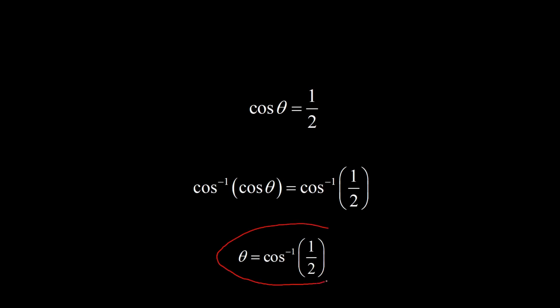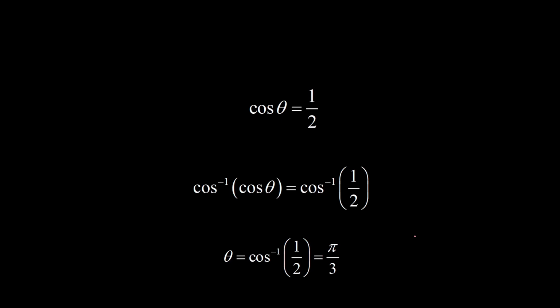And that's how we get our solution for theta. Theta is the inverse cosine of a half. Now, you could type this into your calculator. However, these are part of the table of values you should be remembering. What angle gives a cosine of a half? That angle is 60 degrees.